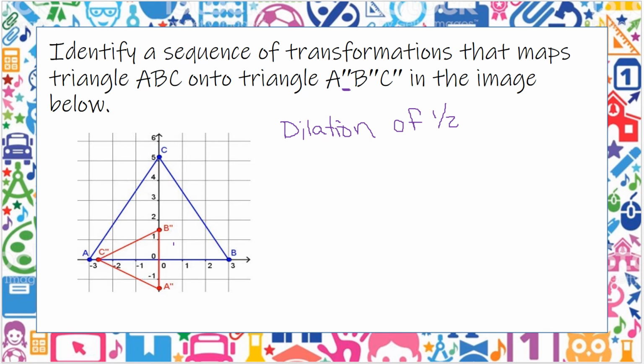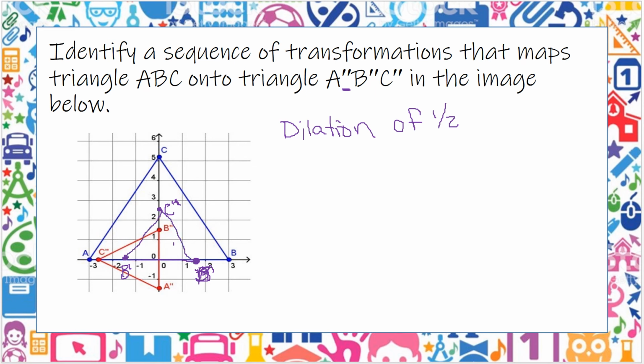Okay, and we're going to go over 1.5 and put our B prime here. And then I'm going to do the same over here. I'm going to multiply that by 1/2. And then C prime is at 5, so now it's going to be at 2.5. Okay, not the prettiest picture, but you get the idea.